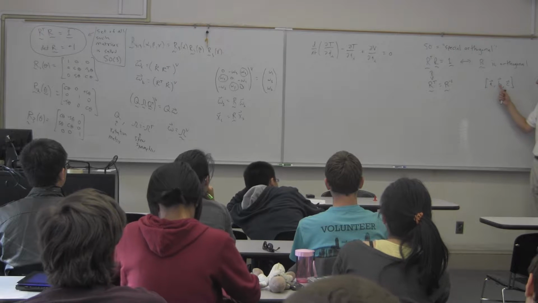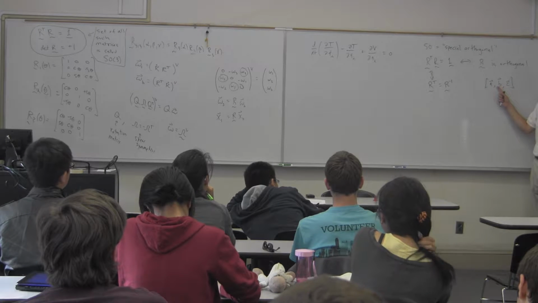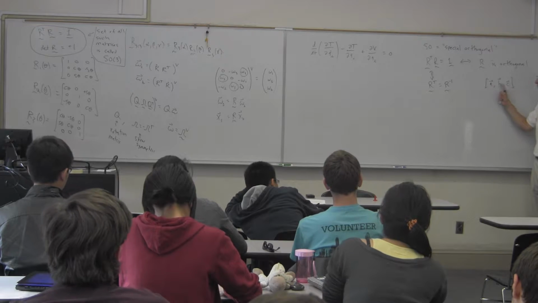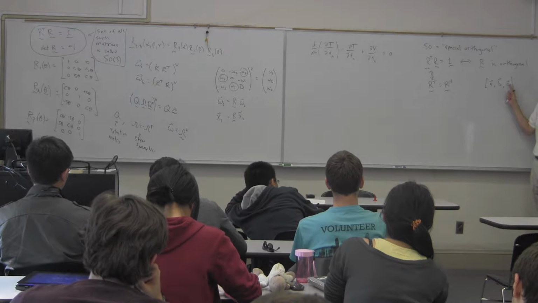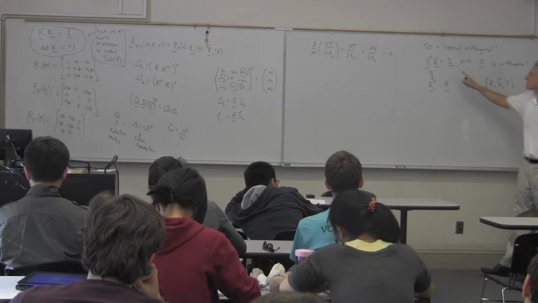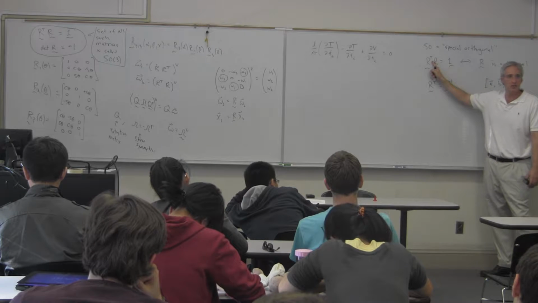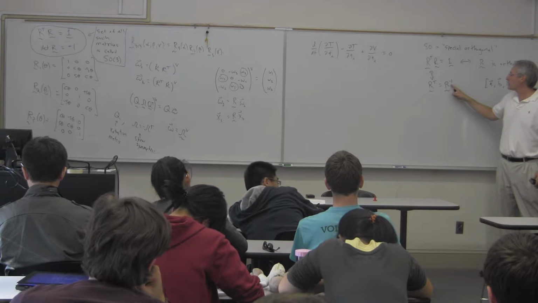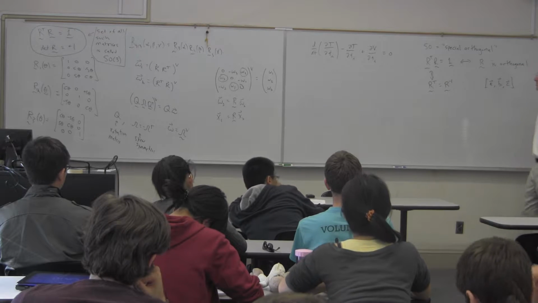So the dot product of A with B is equal to 0, the dot product of B with C is equal to 0, the dot product of A with C is equal to 0. So that's what orthogonal means, and that's the same as this condition up here. And equivalent to that is that the inverse of the matrix is its transpose.